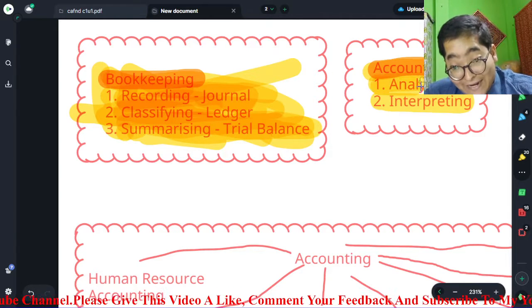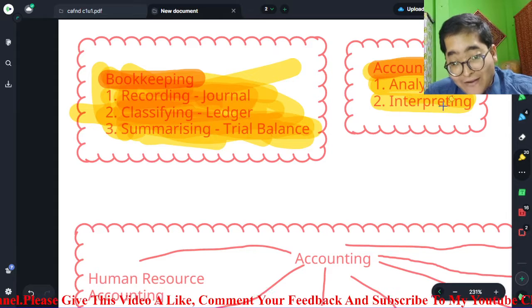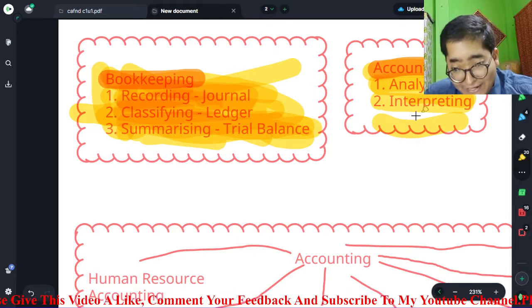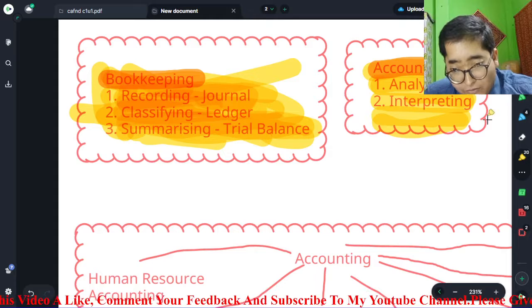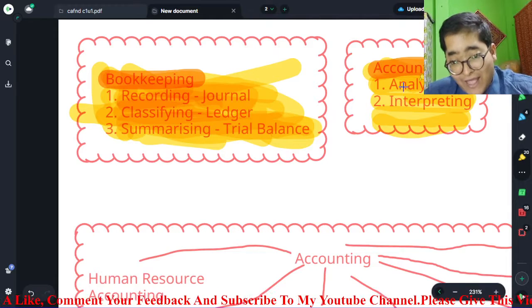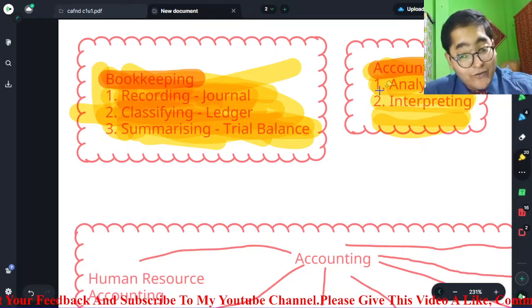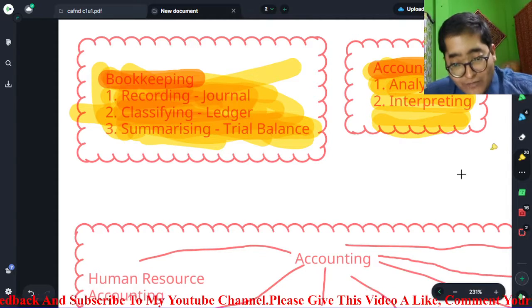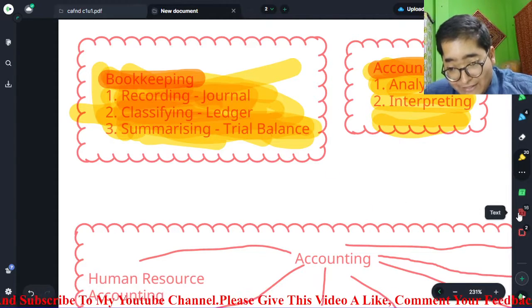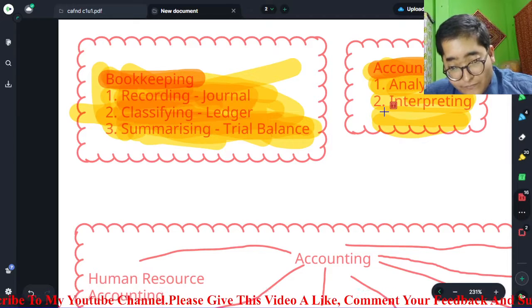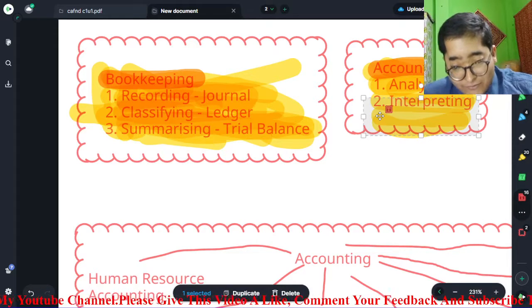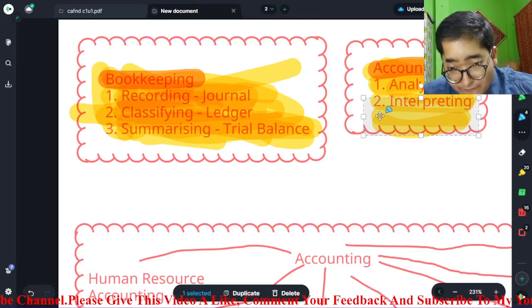Accounting means analyzing, interpreting, and here it will be communicating. I forgot to write it, so let me write it here. Accounting means analyzing the information, interpreting the information, and communicating it.